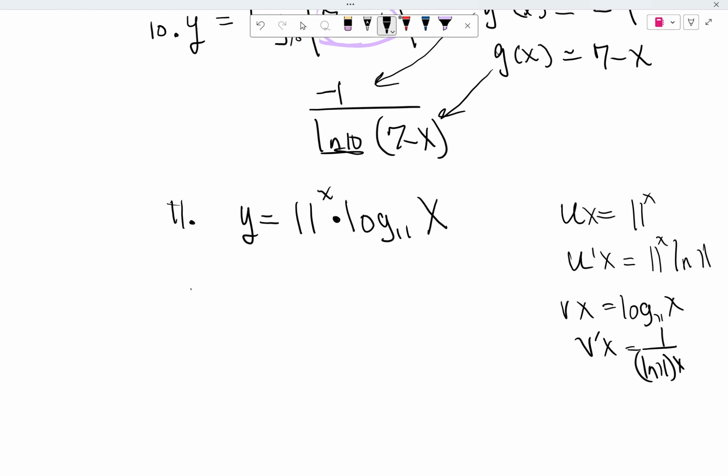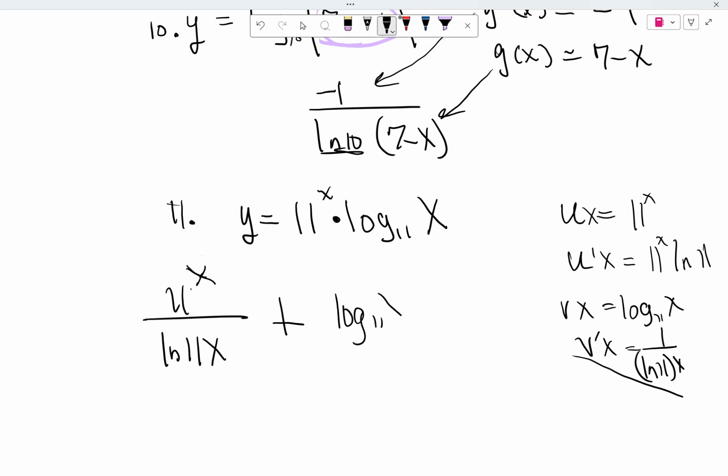We're going to end up with 11 to the power of x times natural log 11 times log base 11 of x, plus 11 to the x times 1 over x natural log 11.